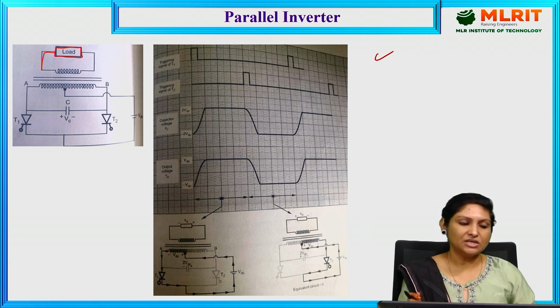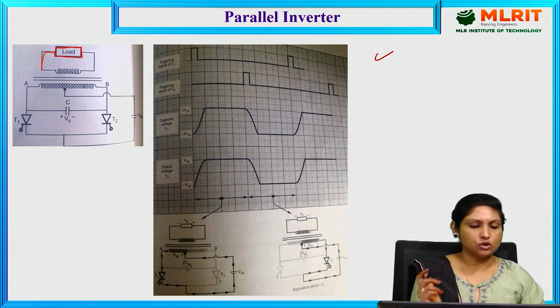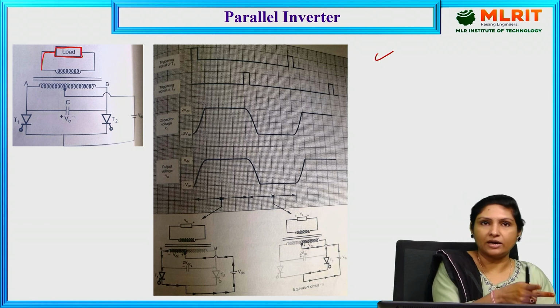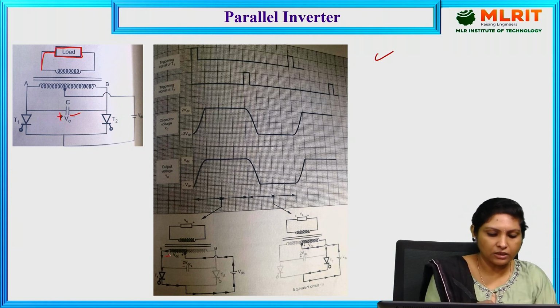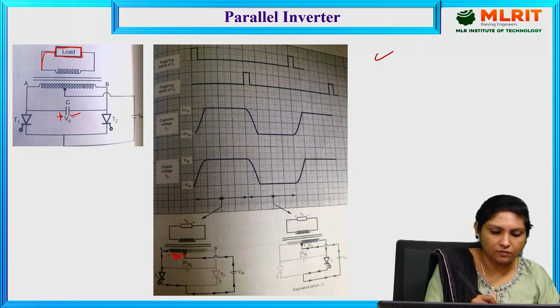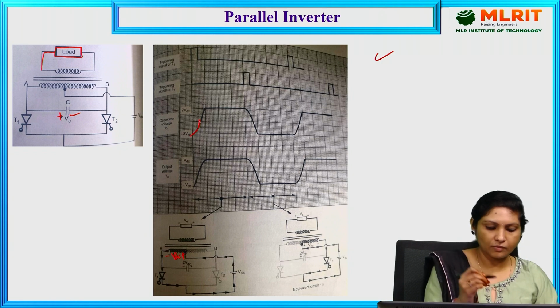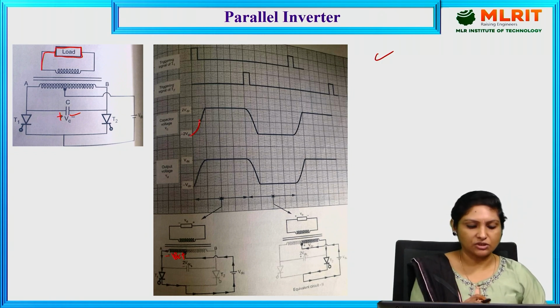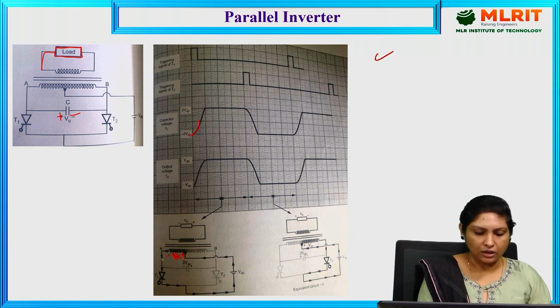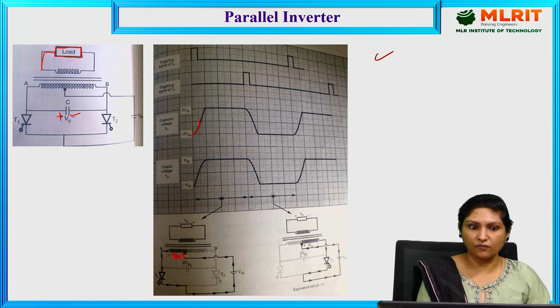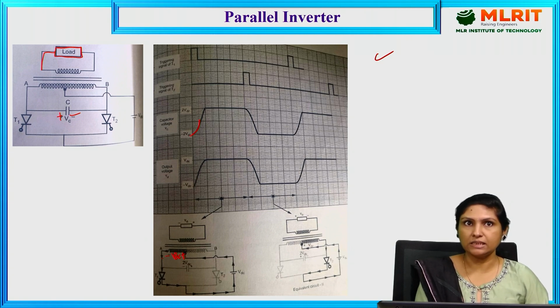Initially, this capacitor will be charged to a voltage of opposite polarity to that shown in the circuit diagram. So here it will be charged to minus VDC initially, to the negative voltage, such that because of the transformer action, across half of the primary minus VDC is applied.